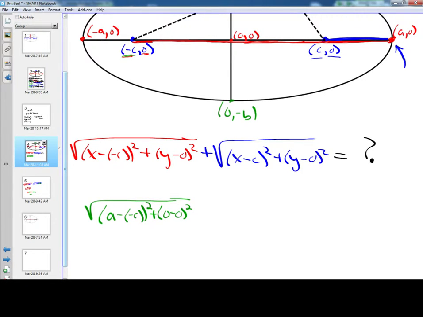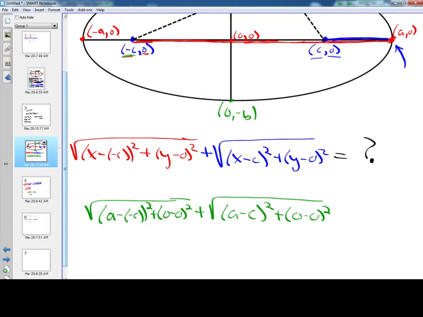Yeah, squared. Let's not forget to square the (0 minus 0). Plus the blue section now. And that's going to be (A minus C) quantity squared plus (0 minus 0) squared. Shouldn't it be 2?